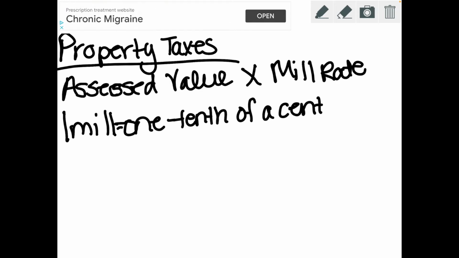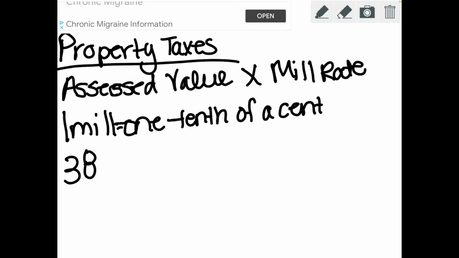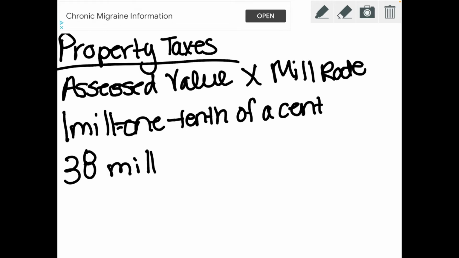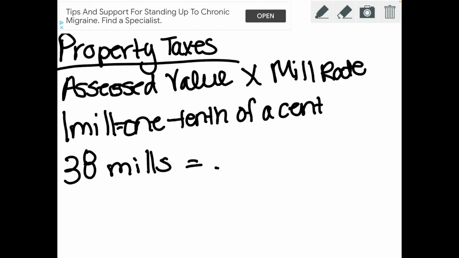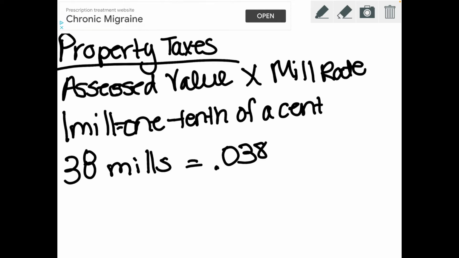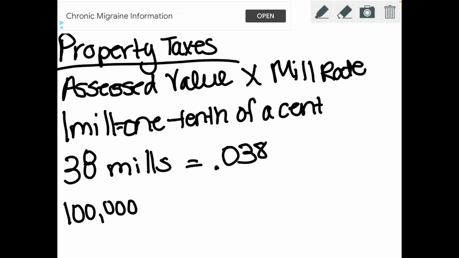So let's say they gave me a mill rate of 38 mills. I would write that when I am multiplying as 0.038, and that would be my mills. So let's say we take our previously used assessed value, which was 100,000, and we multiply it by 0.038.